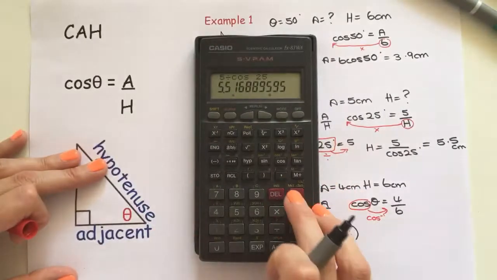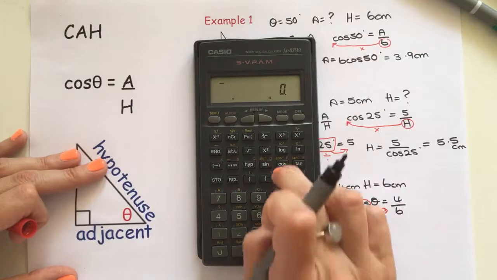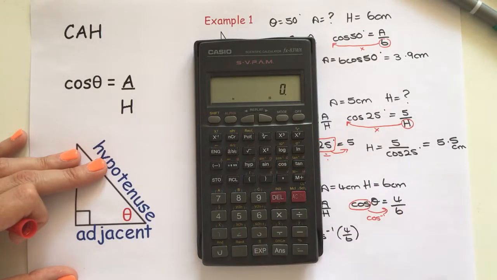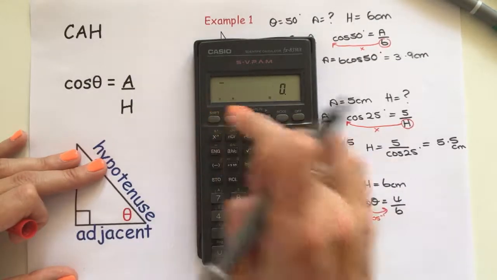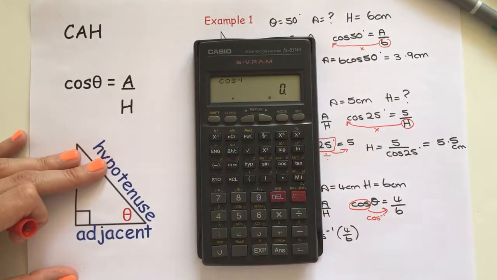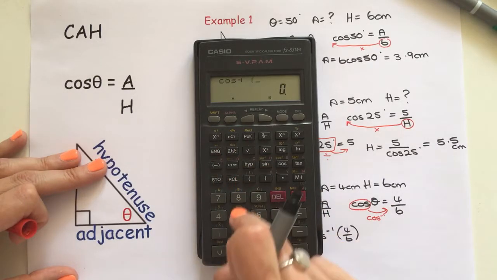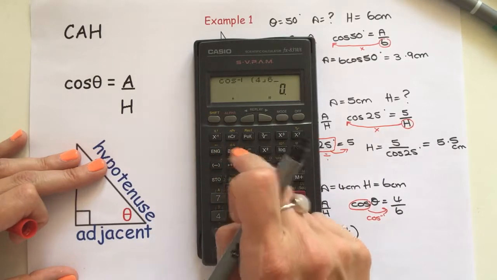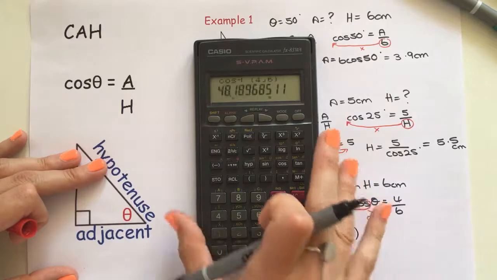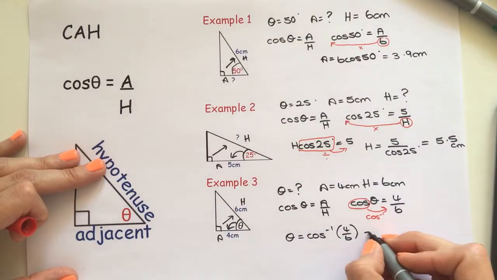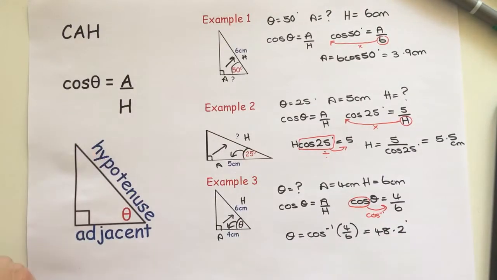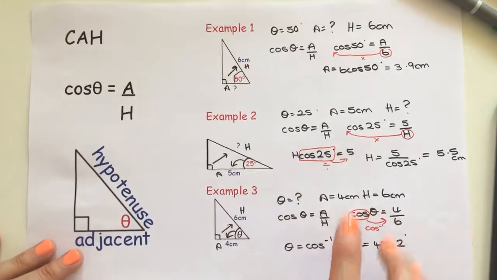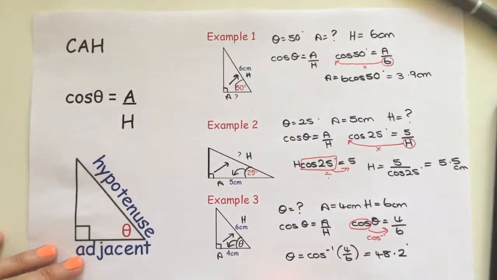And just like in the previous video, to get the inverse of cos, it's in yellow above the cos button, so we press shift cos, 4 divided by 6. Shift cos of 4 and 6. 48.2 degrees. So again, 3 different types of examples.